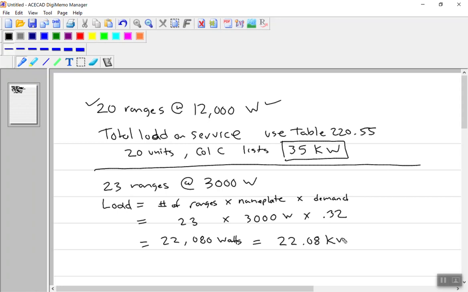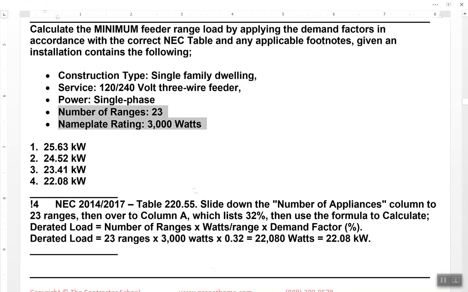I think that's the notation they're looking for, in kilowatts. Okay, very important with the star. Very good. Let's put up the question one more time. Take another peek. And I appreciate your time. Thank you.